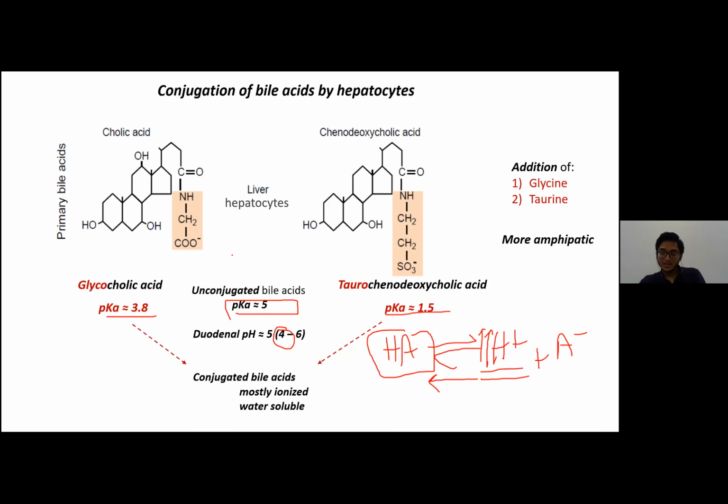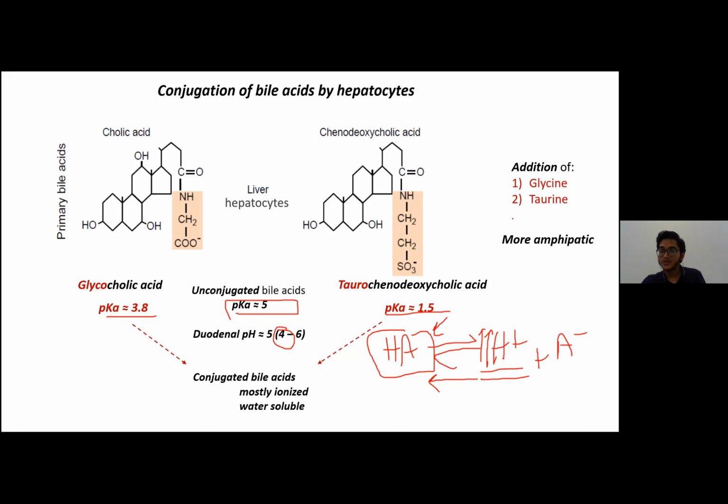So unconjugated bile, which is cholic acid and chenodeoxycholic acid without glycine and taurine, their pKa is high. If their pKa is high, that means that they are in the non-ionized form within the duodenum. Unconjugated bile acids are non-ionized in the duodenum, which means they're less water soluble. And that's not good. You need bile to be water soluble.